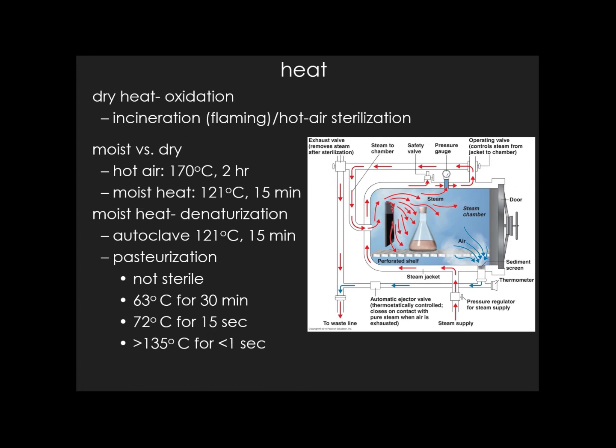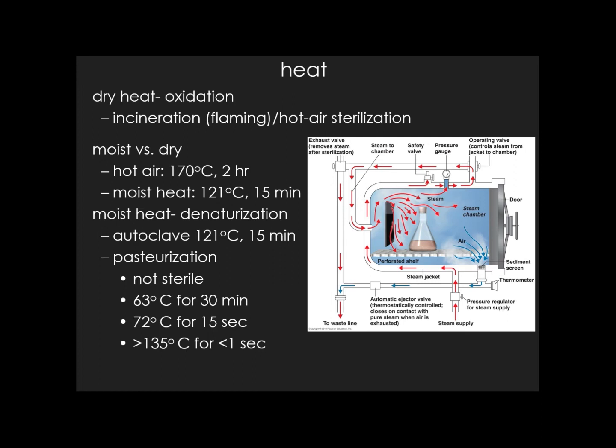And moist heat works by denaturing proteins and popping spores, and our most common way of using moist heat for sterilization is a machine called an autoclave, which is used in microbiological labs to sterilize media prior to its use and also to sterilize media that organisms have been grown in before we dispose of them.